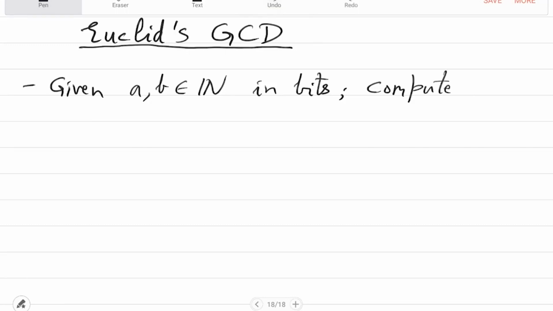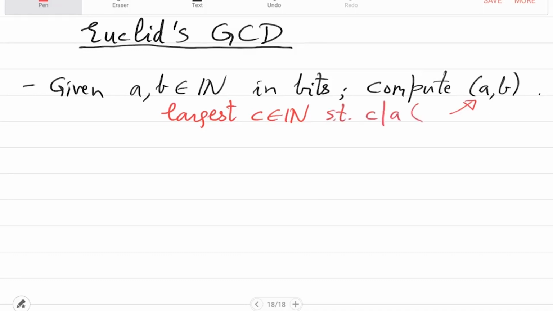So I'll just write in short a bracket A comma B. That will mean GCD of A comma B, which is defined as the largest C that divides both. So C divides A and C divides B. So this is the notation we'll use for division. So you want the largest number that divides both A and B. That's called GCD. And this is the notation for it.